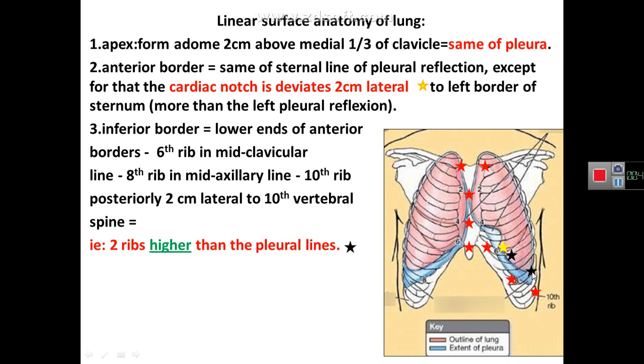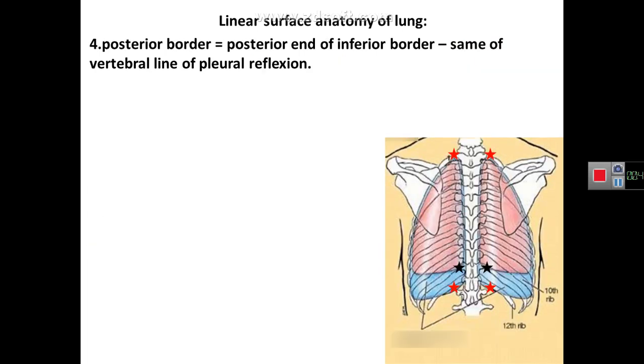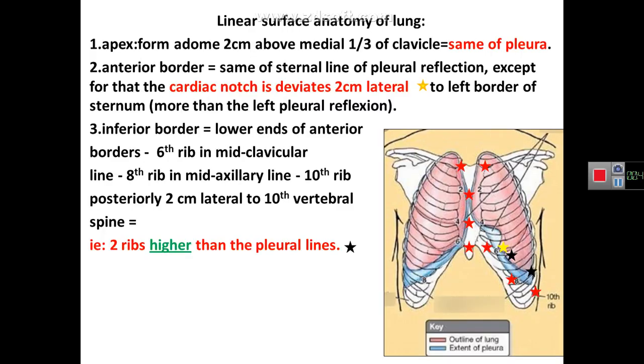More laterally it will be the 8th rib in the mid-axillary line, and more posteriorly it will be the 10th rib just lateral to the spine of T10, which means that the lower border of the lung will be 2 ribs above the level of the pleural costal reflections.